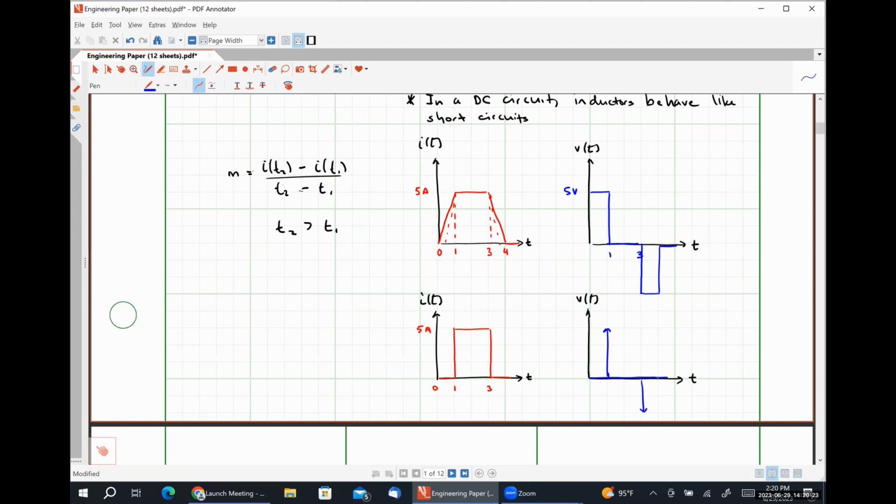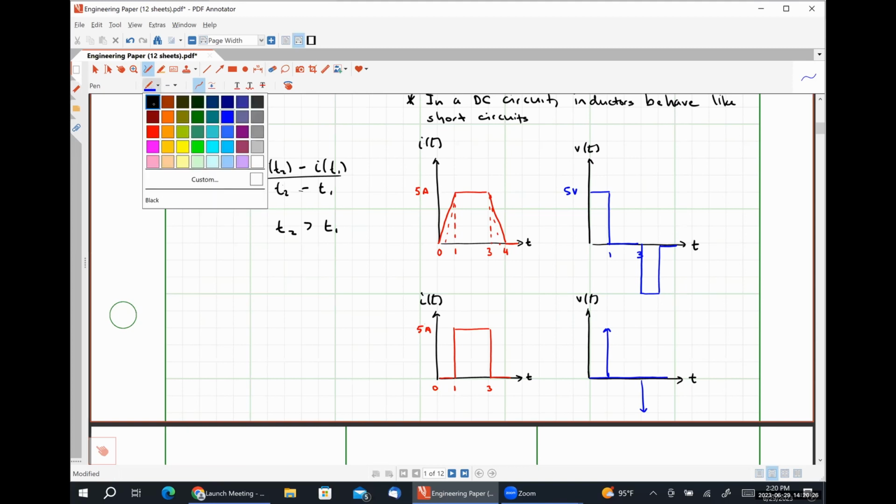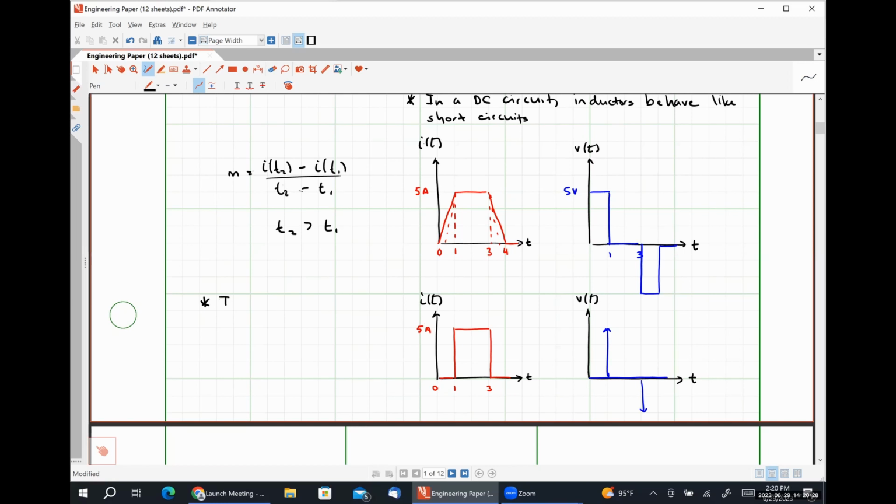So what that means is that the current, sorry, flowing through an inductor cannot change abruptly.